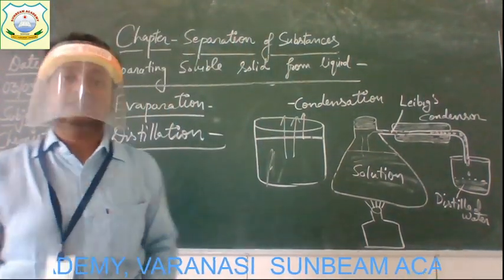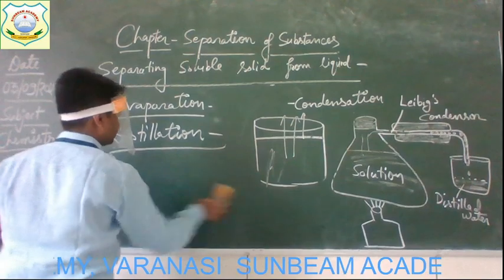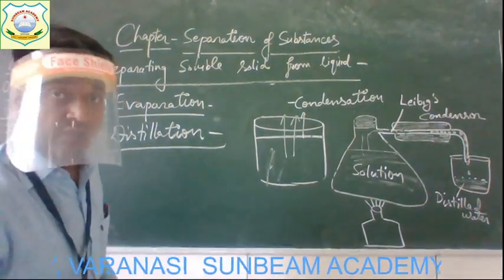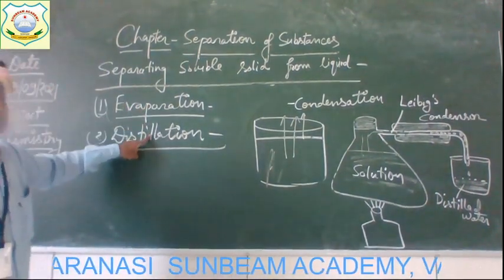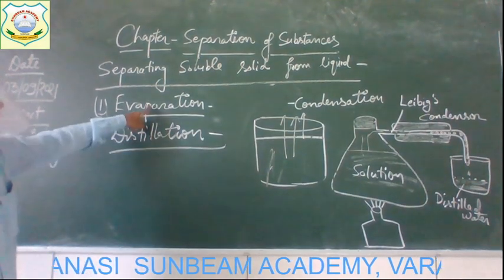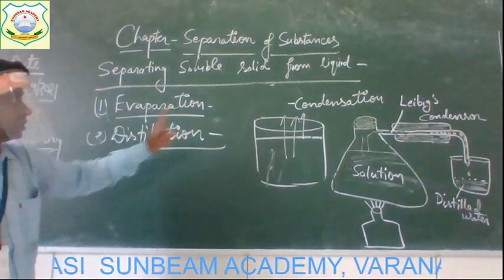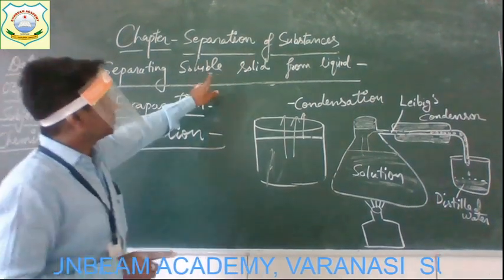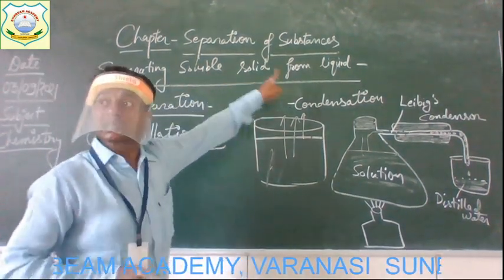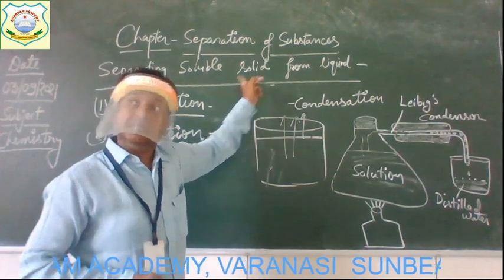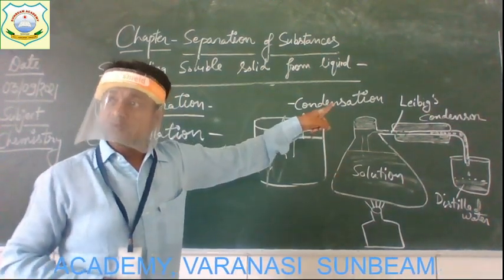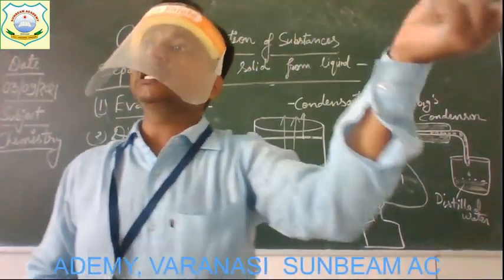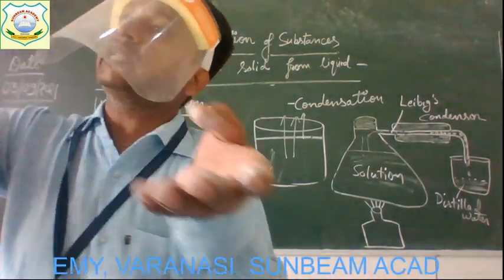Separating liquids. In the examples where we used the methods of evaporation, condensation and distillation, we took a soluble solid in a liquid. But suppose both are liquids, and one liquid is mixed in another liquid.